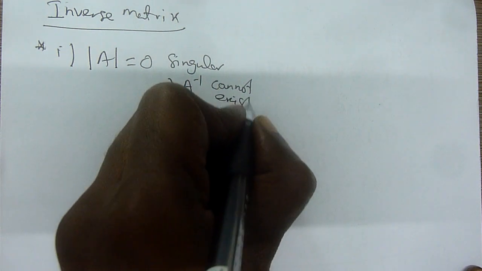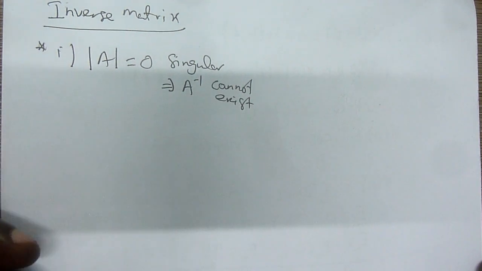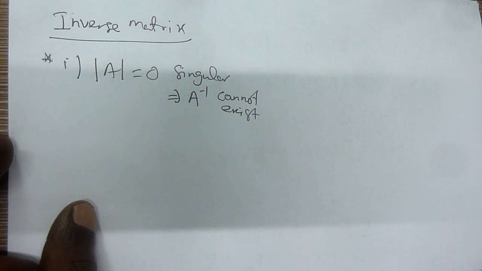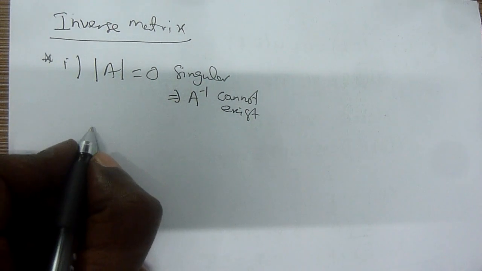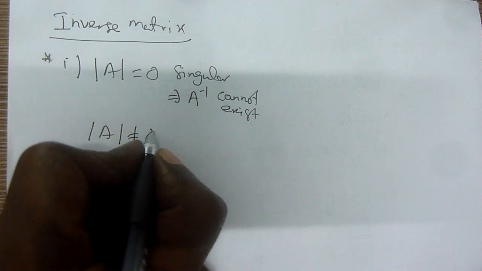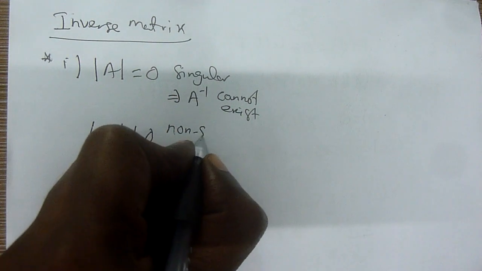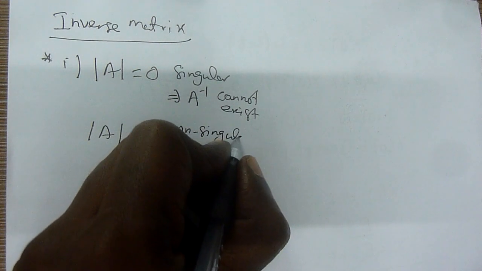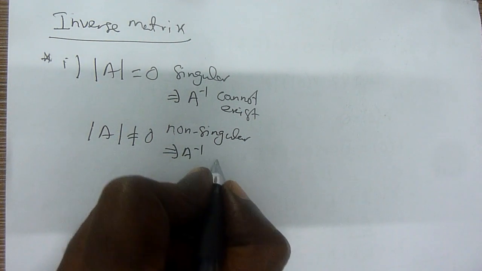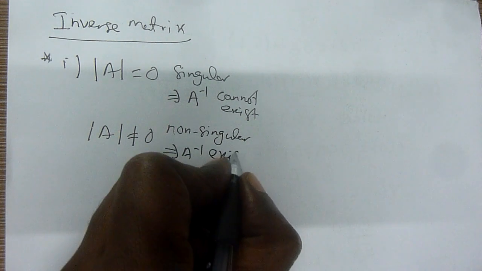That means you cannot inverse it. Impossible, it's not possible at all. If the determinant of A is not equal to 0, then we call it non-singular. That means A inverse is possible.